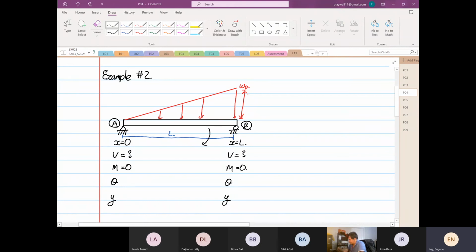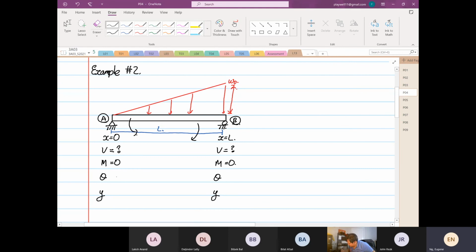That's why the moment is equal to 0. Likewise, if we remove the support at point A, the whole structure will rotate. That's why the moment is equal to 0.